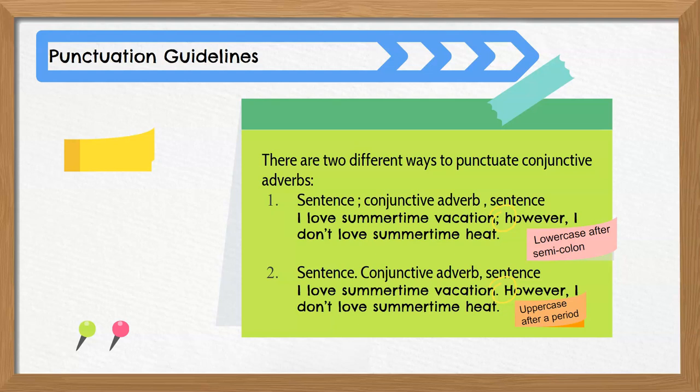Number 2. Sentence, period, conjunctive adverb, comma, sentence. It looks something like this. I love summertime vacation. However, I don't love summertime heat. Remember that we don't capitalize after a semicolon, but we do after a period.